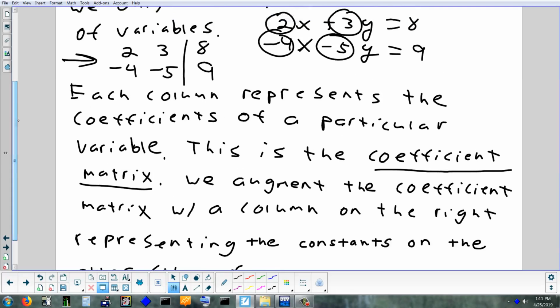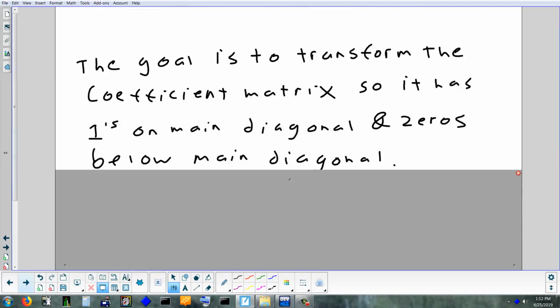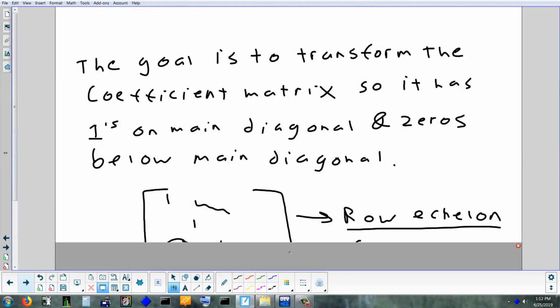Okay, so now we don't really care about this column on the right as far as when we start to do arithmetic. What we want to focus on is these numbers, okay? And even more, I'm going to show you what you have to focus on there. But you're going to focus on just the stuff that's on the left. And the goal is that you want to transform that coefficient matrix so you have ones on the main diagonal.